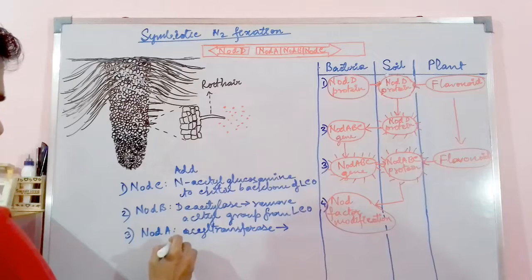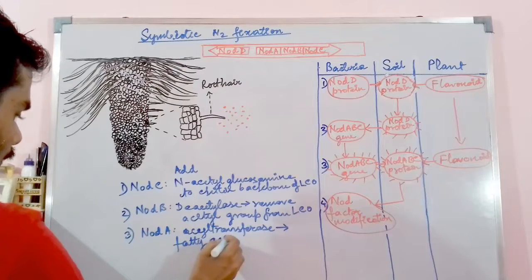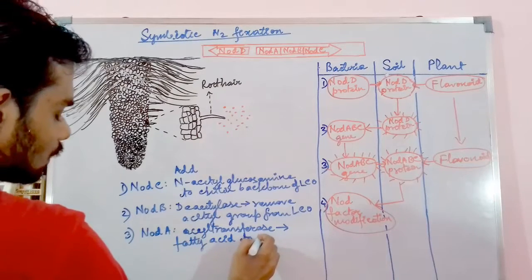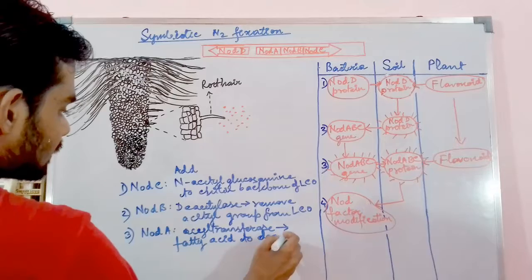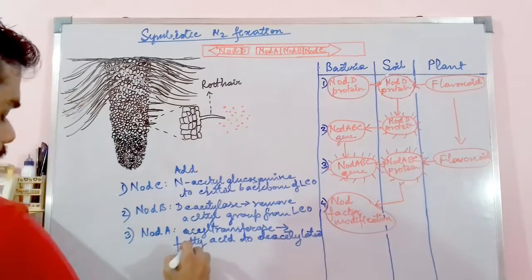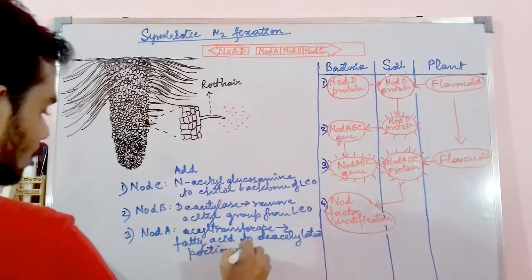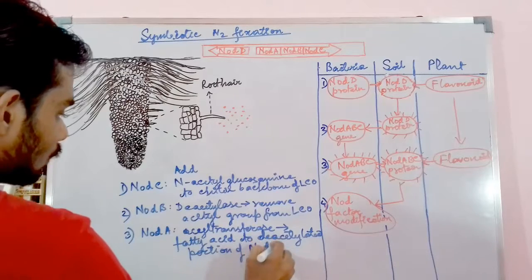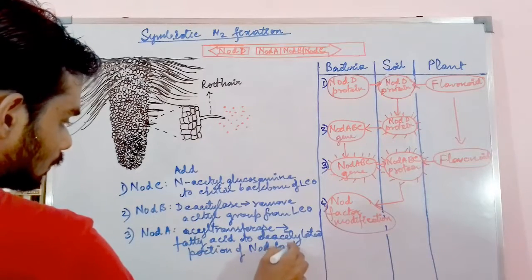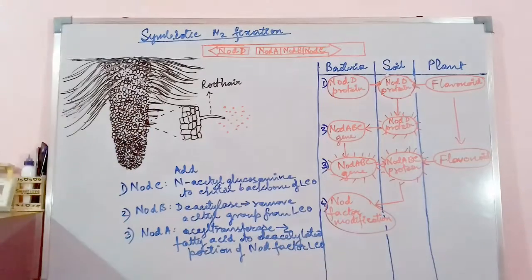It will transfer a fatty acid to the deacetylated portion of the node factor, that is LCO. This is how the entire node factor gets modified.